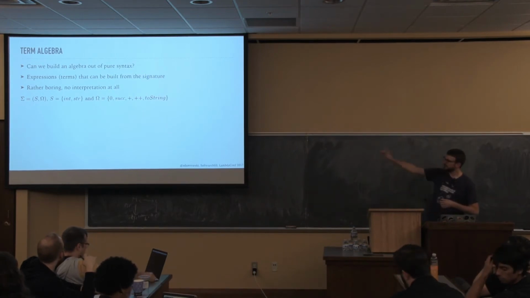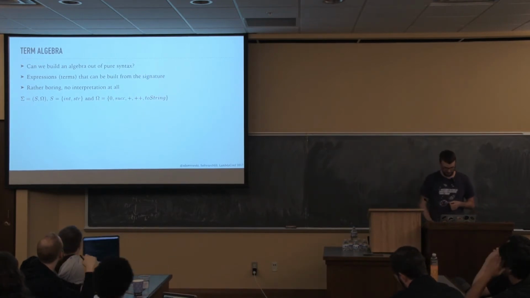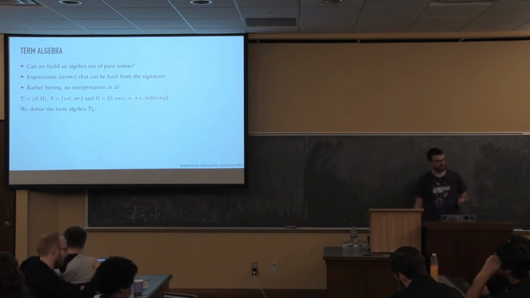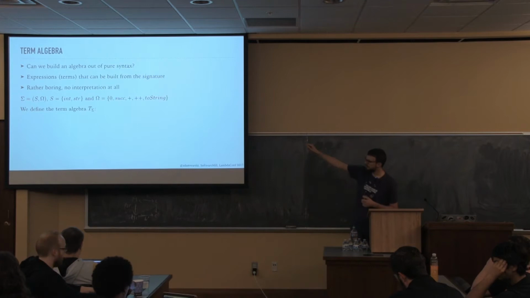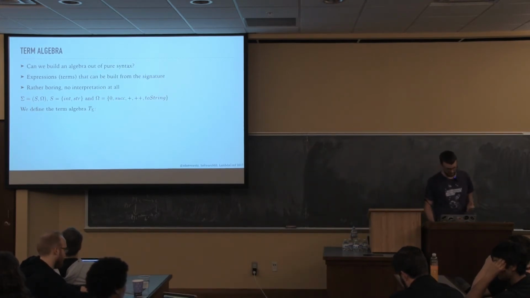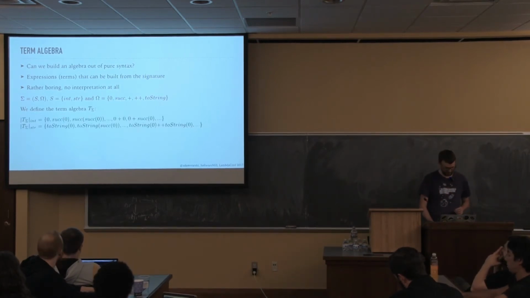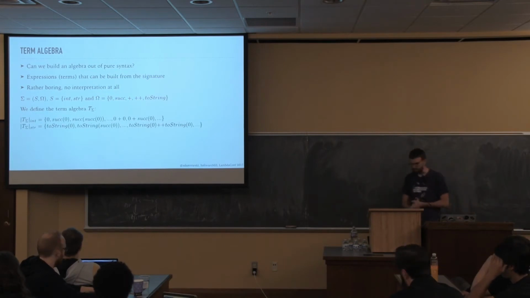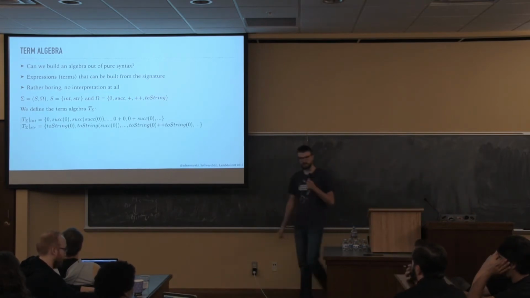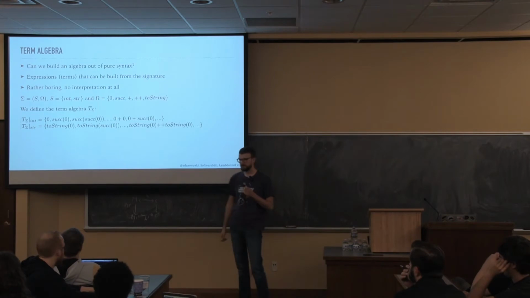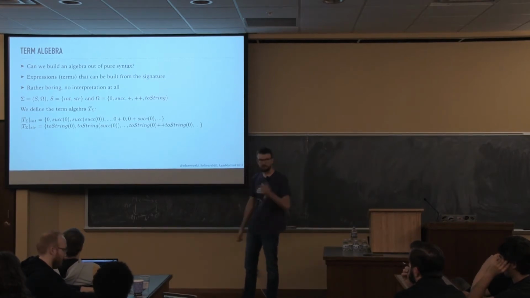So again, we take the signature as we have seen it before, and now we define the term algebra. The term algebra for a signature sigma is usually written as T with the sigma index, as term algebra for the specific signature, right? Because it's always in the context of a specific signature, right? So the signature is kind of fixed but arbitrary. Okay, so now we have to build an algebra, we have to provide an interpretation for each of the types.